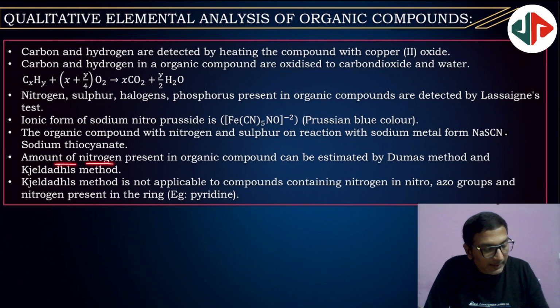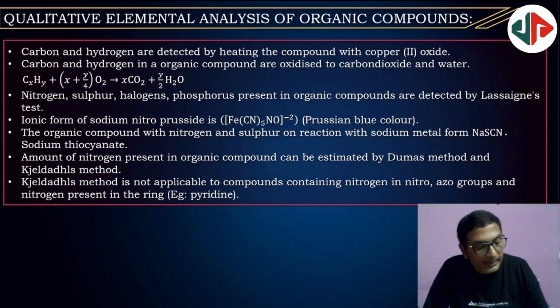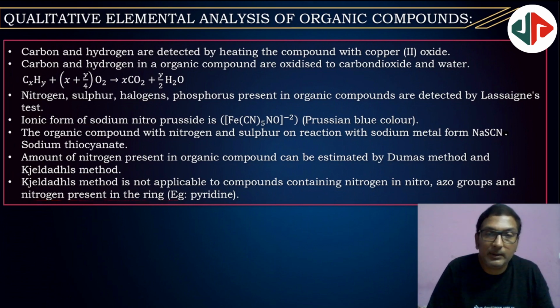Next, the amount of nitrogen present in an organic compound can be estimated by the Dumas method and Kjeldahl's method. Kjeldahl's method is not applicable to organic compounds containing nitro group, azo group, and nitrogen present in the ring. In these cases, nitrogen cannot be estimated.